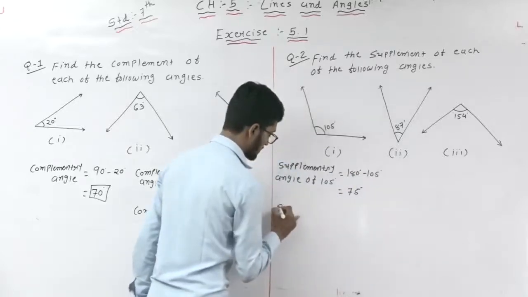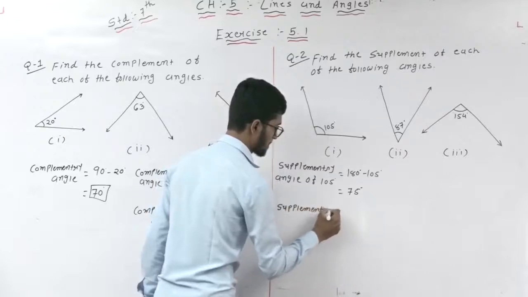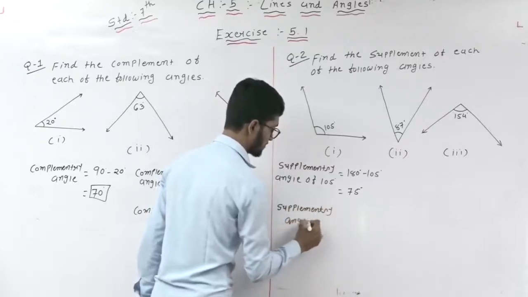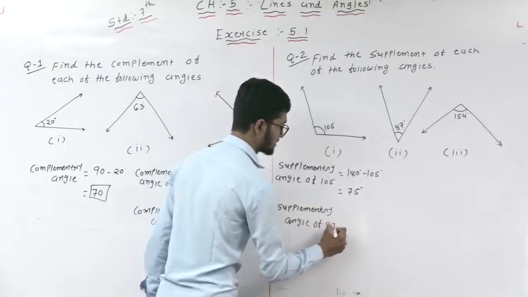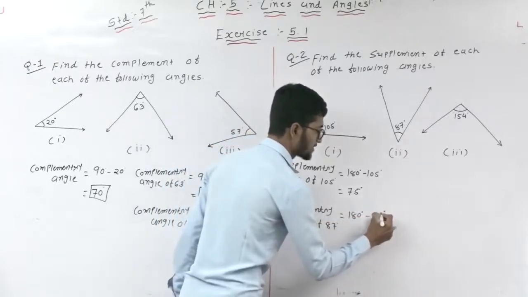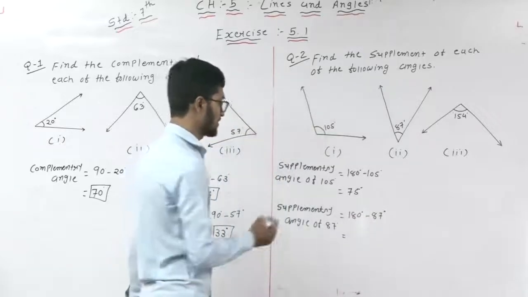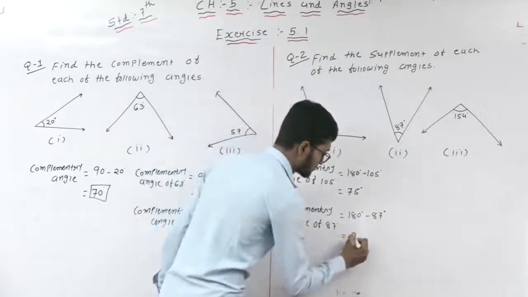Same for the second one, the supplementary angle of 87 is equal to 180 minus 87. So 180 minus 87 means 93.